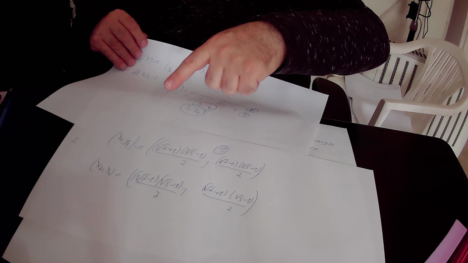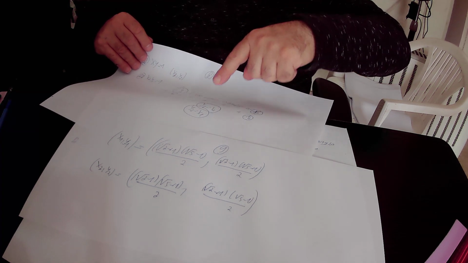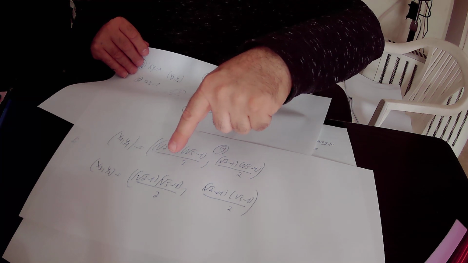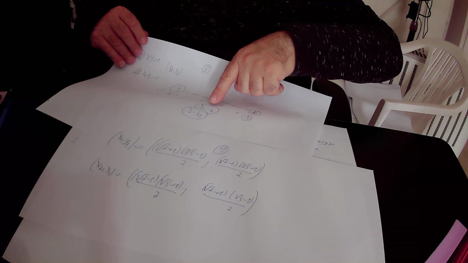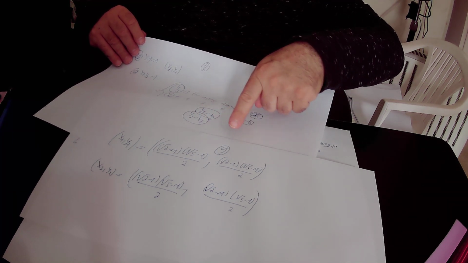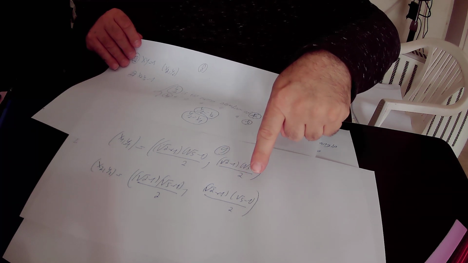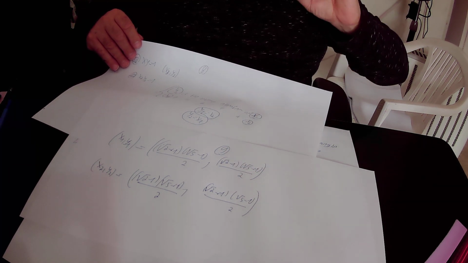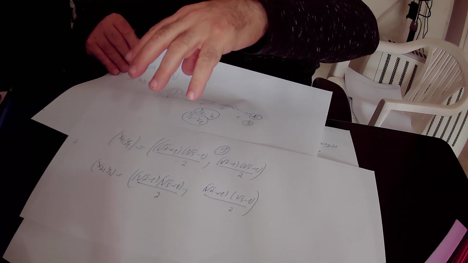And then the second solution to the problem is x2 and y2. x2 equals square root of 2 minus 1 times square root of 5 plus 1 over 2. And y2, we already found out that y2 equals x1. That is to say, it equals square root of 2 plus 1 times square root of 5 minus 1 over 2. So those are the two solutions for x and y.